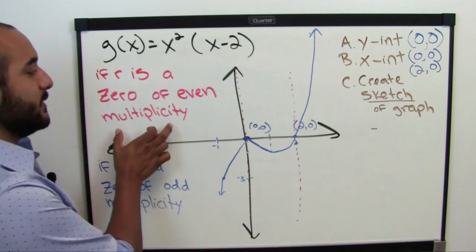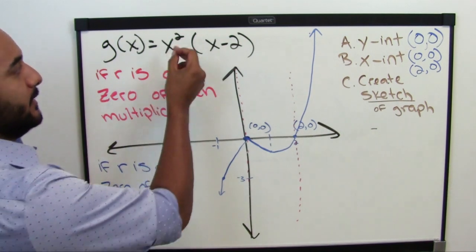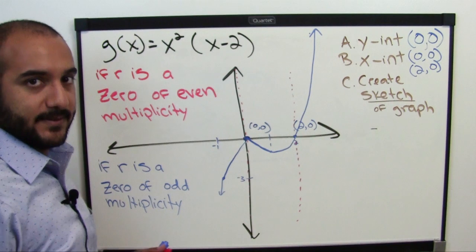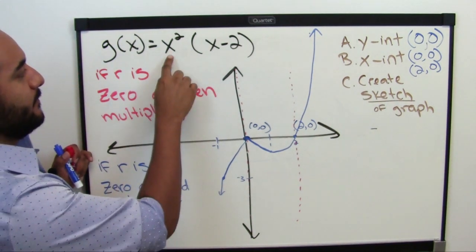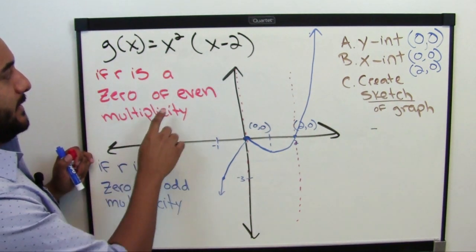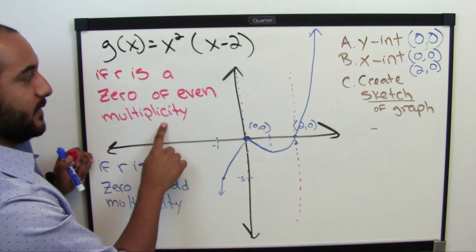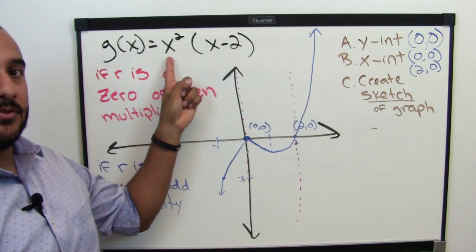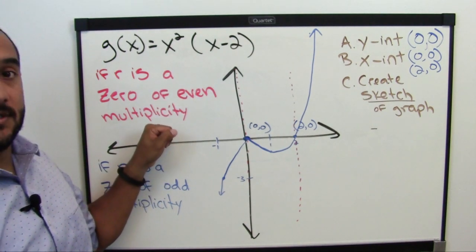So what is multiplicity? It is the power, the exponent that your root is in. So in this case, my root here is an even multiplicity. What did we get here? Remember this was when our x was equal to 0.